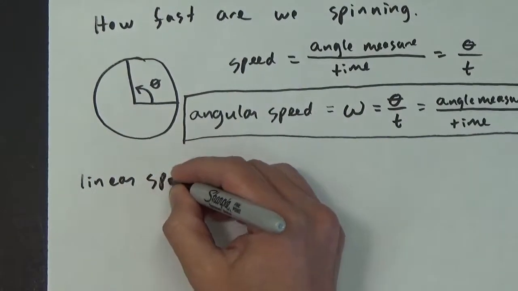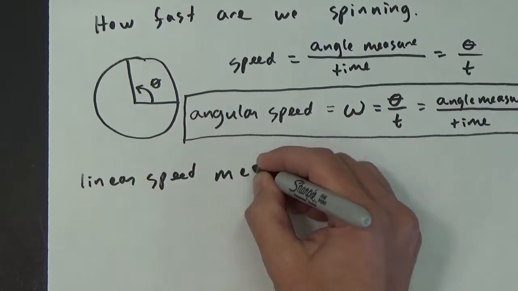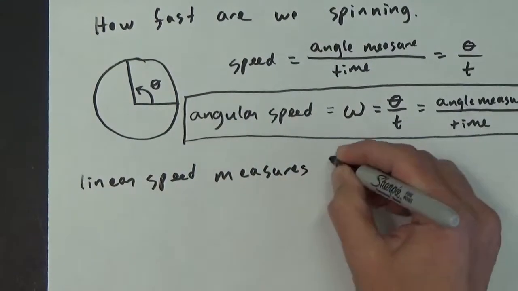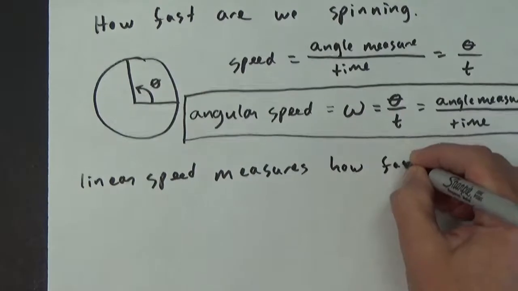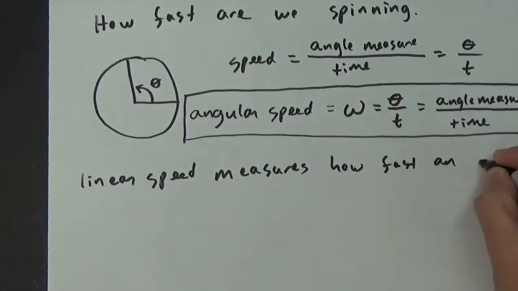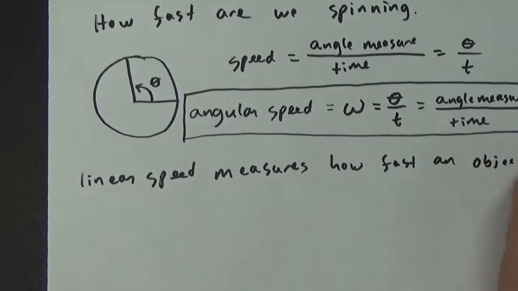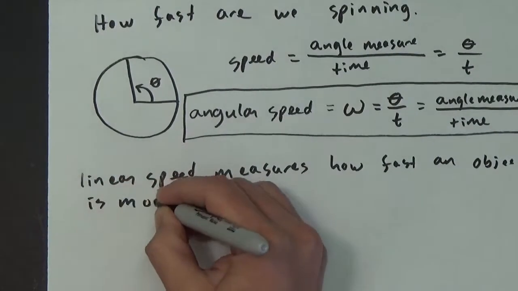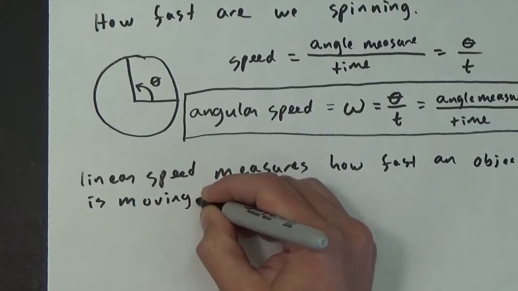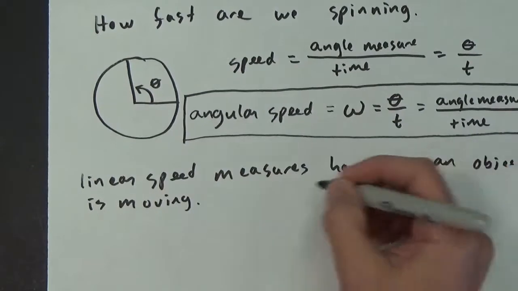Linear speed measures how fast an object is moving, and that's distance over time.